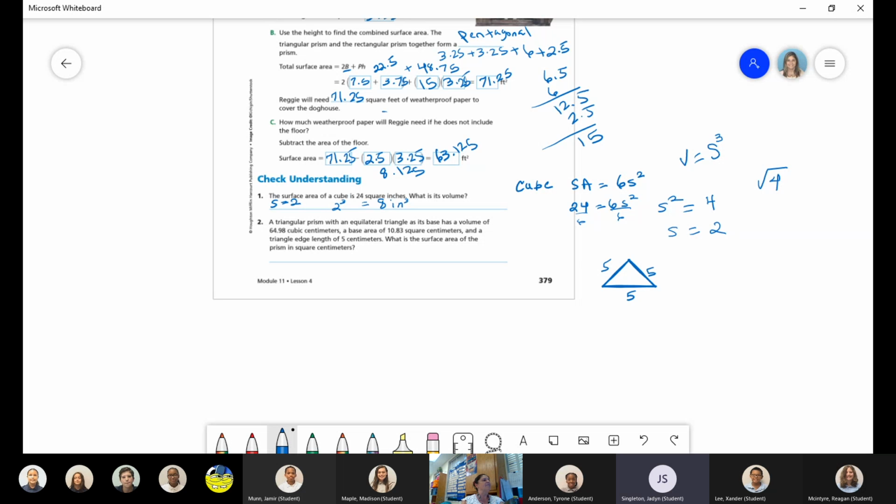So it has a volume of 64.94 cubic centimeters and a base area of 10.83 square centimeters and a triangle edge of 5. We already know that. What is the surface area of the prism? All right, so remember, volume equals BH. We do not know H. That's what we are trying to find.